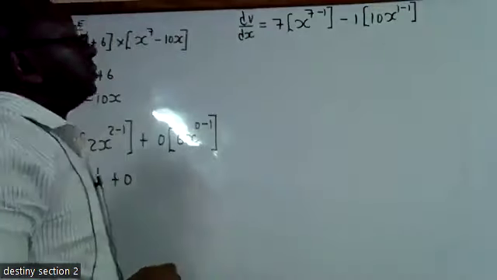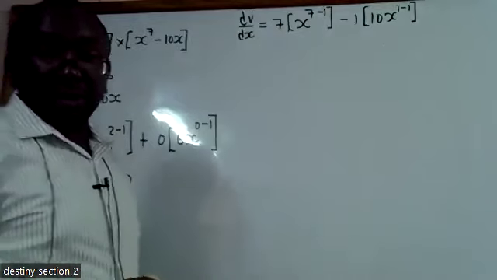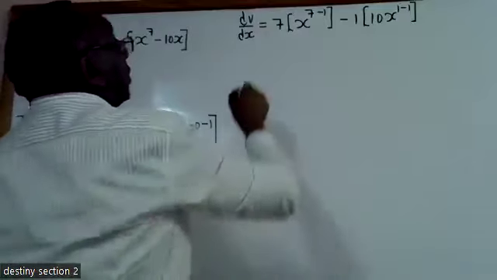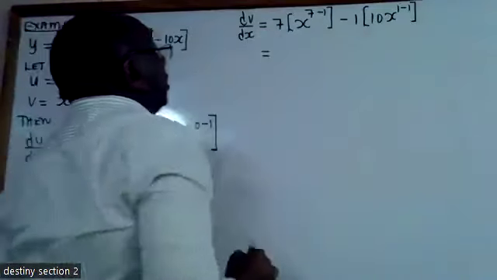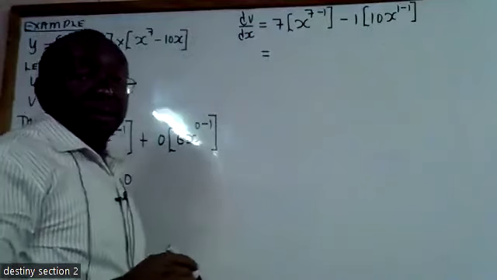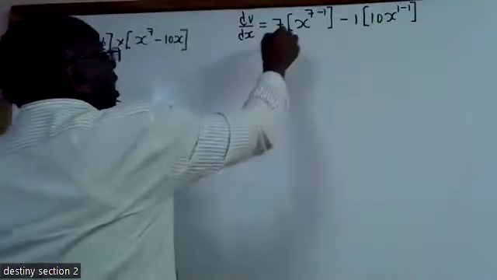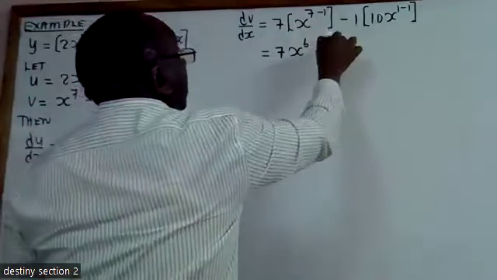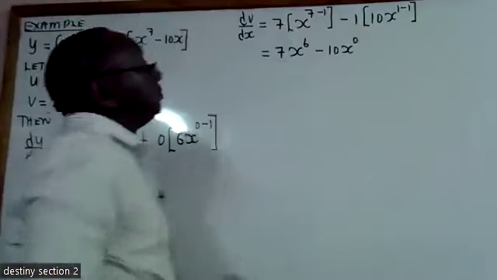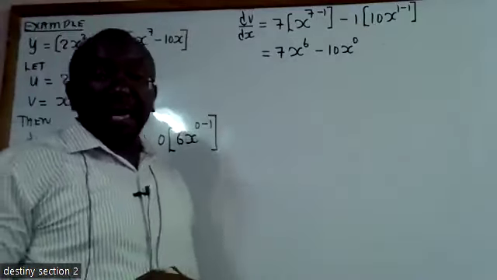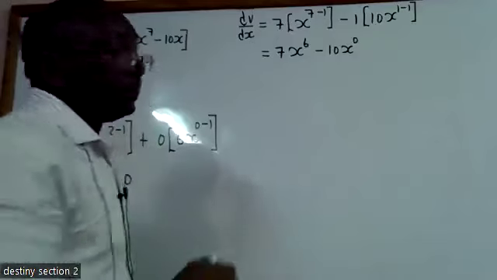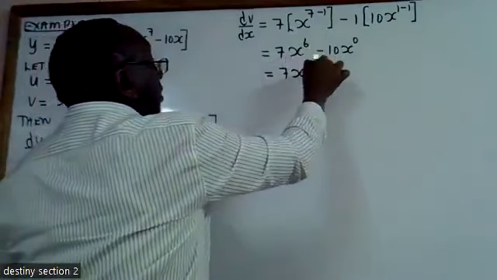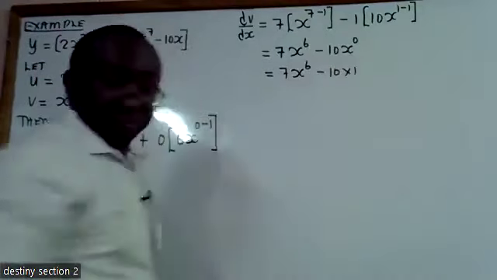So this becomes 7x raised to power 6 minus 10x raised to power 0. We already have said that the number raised to power 0 is 1. So this becomes 7x raised to power 6 minus 10 times 1.